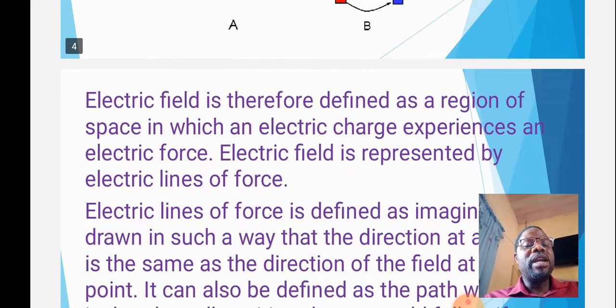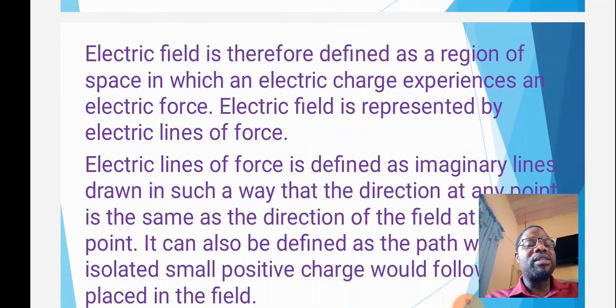Now, electric field is therefore defined as a region of space in which electric charge experiences an electric force. The electric force is represented by electric lines of force.